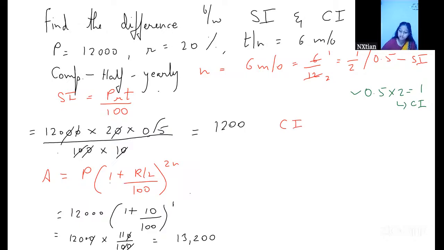CI is A minus P. 13,200 minus principal. How much? 1200.